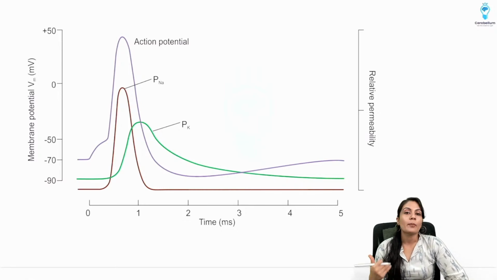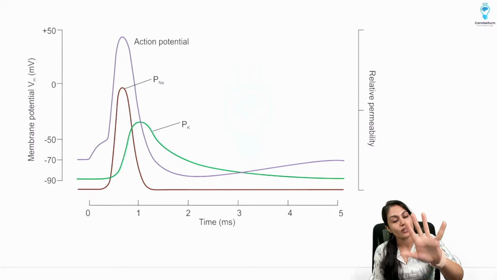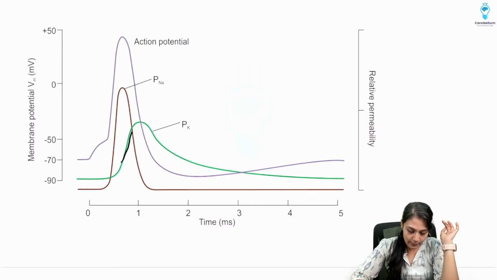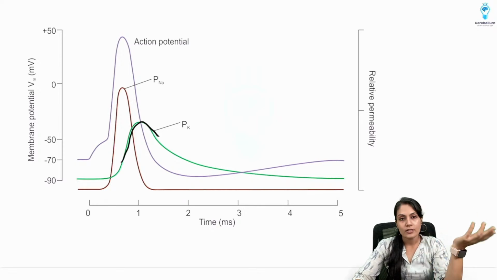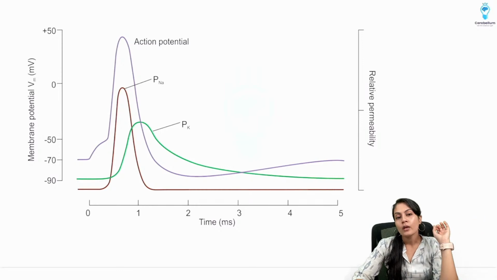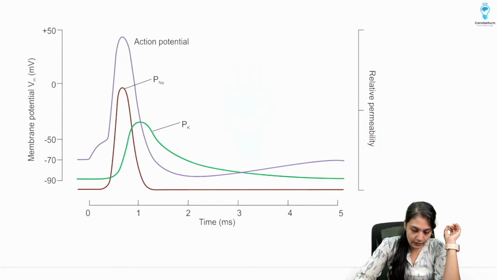And we know that the permeability of the sodium is going to start first and the potassium will follow. Both of the channels will open as soon as you give the stimulus, but as we know that potassium is kachua, that's why it takes more time to reach the highest permeability, right? And then it will start to fall. So they can ask you, they can just remove these things over here.